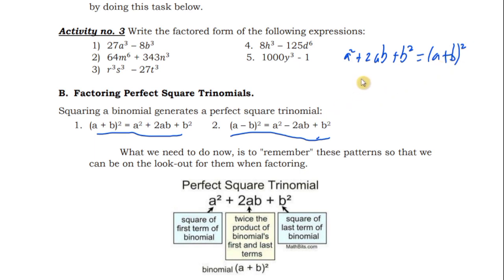This is just the pattern in factoring if we have the reverse order of that. Same with a squared minus 2ab plus b squared, we have here a minus b quantity squared.